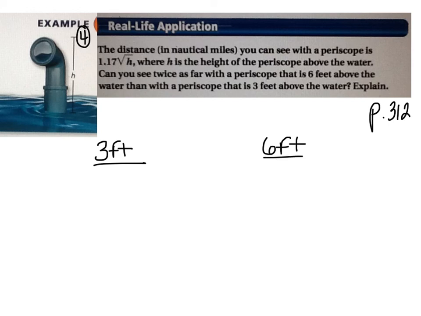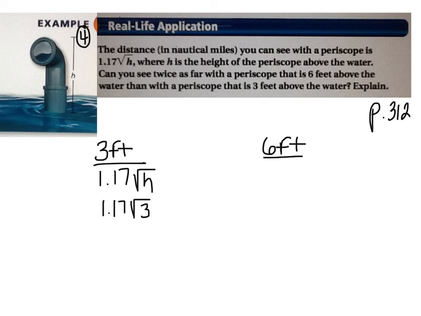Whenever you have things you have to prove or explain, stay organized. I always make a little chart or a table. We know the distance is 1.17 times the square root of h, where the height is the distance above the water. The first one is the square root of 3.